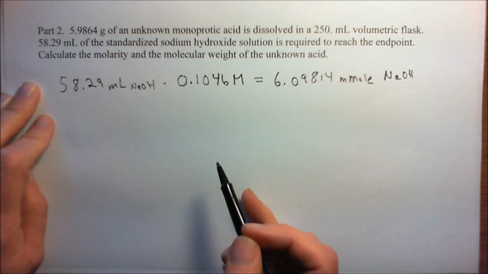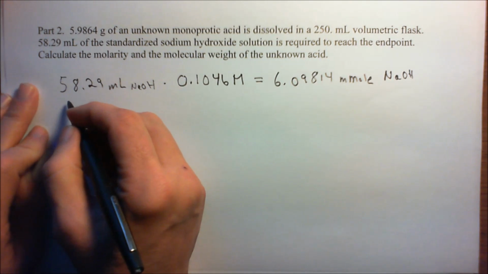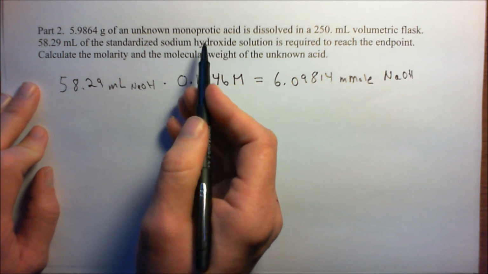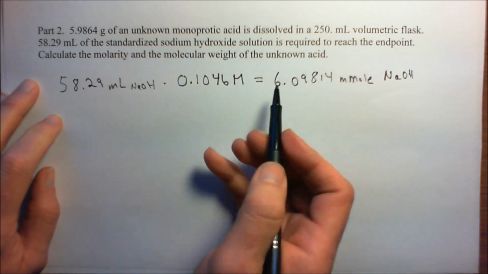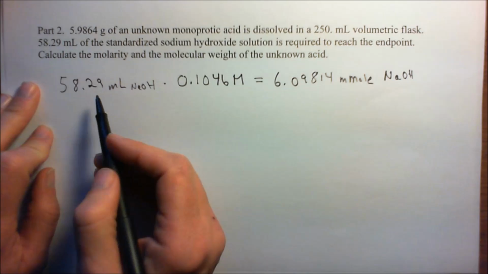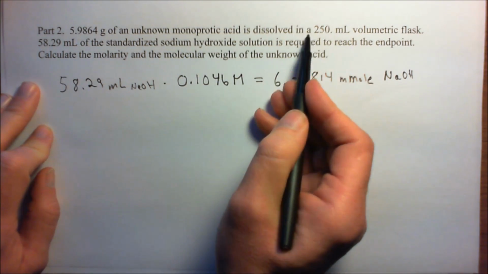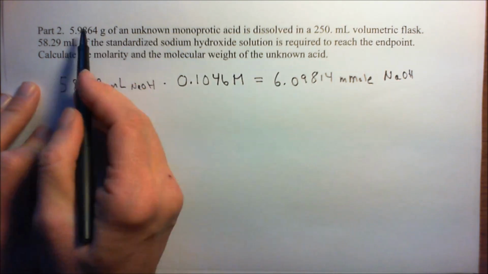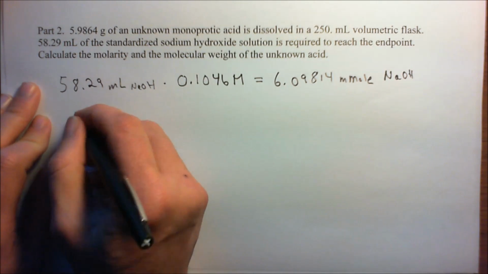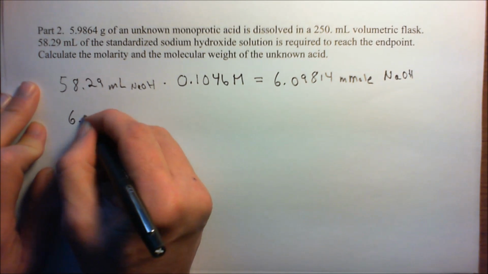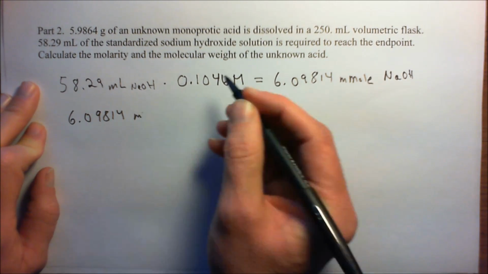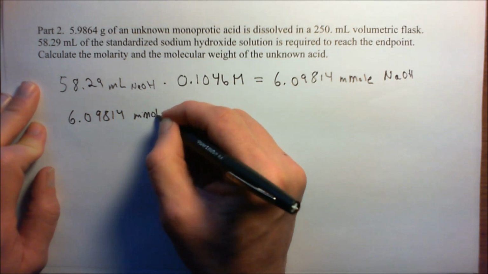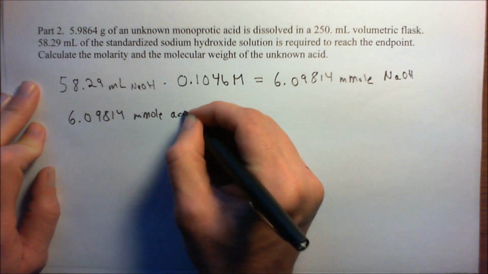And now it's really easy to figure out what the molarity of that solution is. For instance, if that was a hydrochloric acid solution and we want to know what the molarity of that is, well, it's real easy. We've got the moles, we've got the volume, which is 250 milliliters. We didn't take out any, we left it in there. And so that's 6.09814 millimoles of the acid.